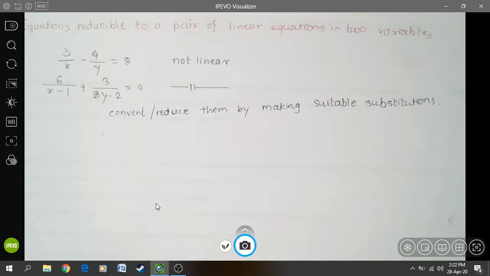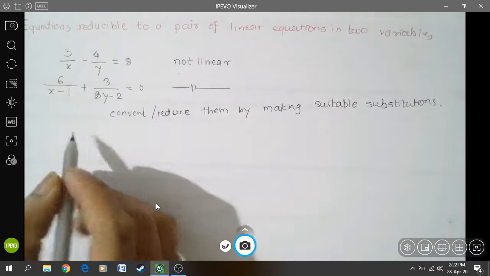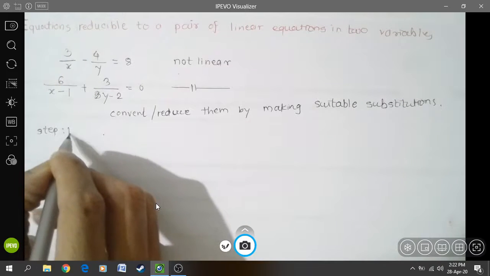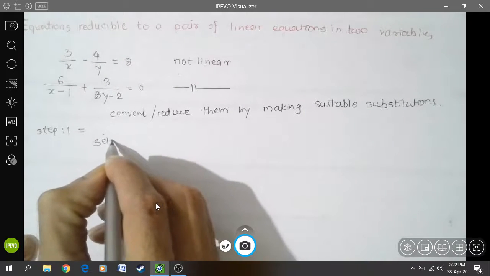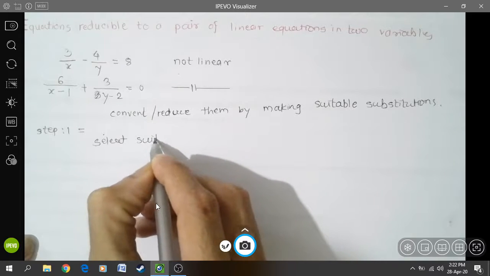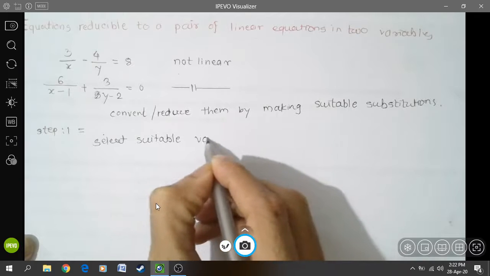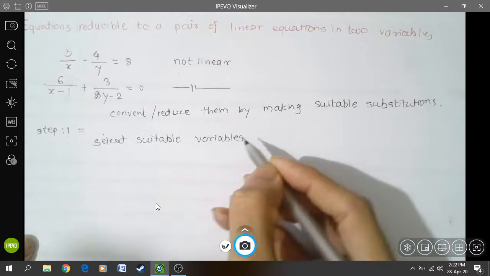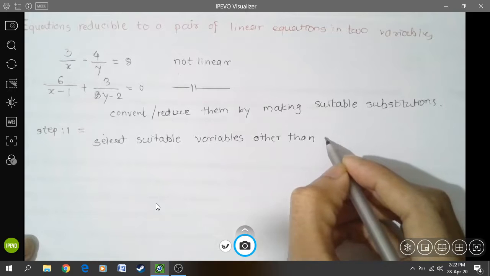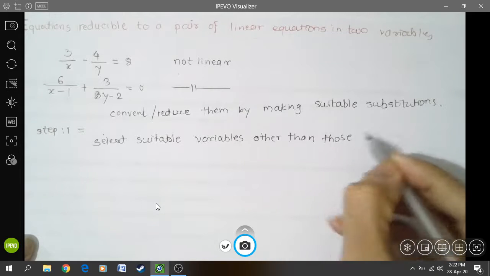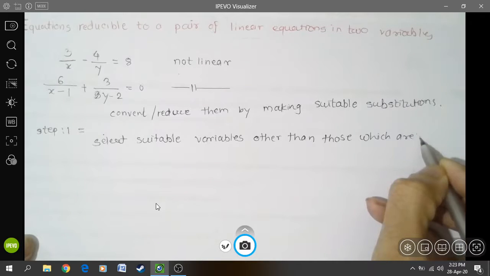So what are the steps for solving equations reducible to a pair of linear equations? Step number 1 is to select suitable variables other than those which are in the equation.